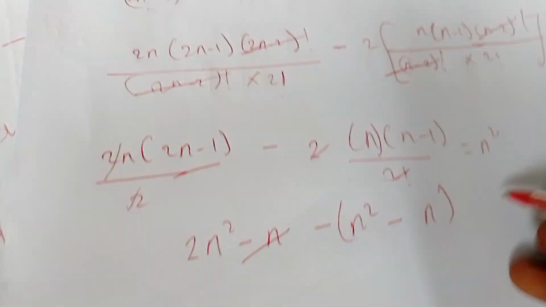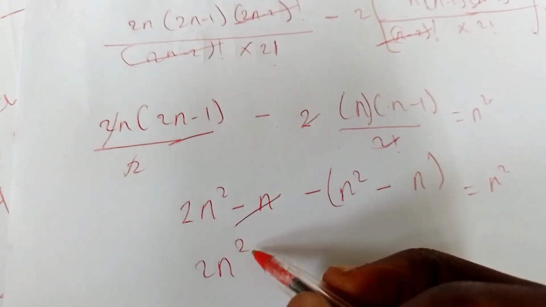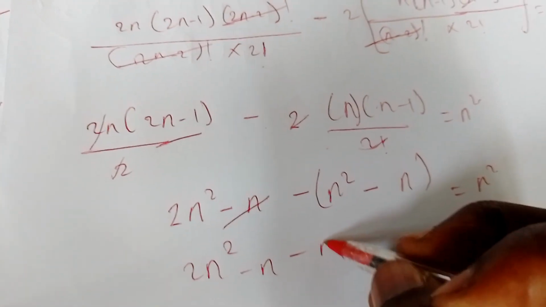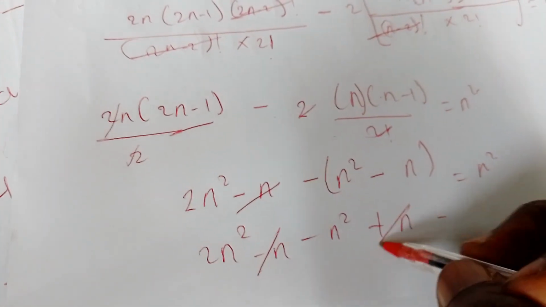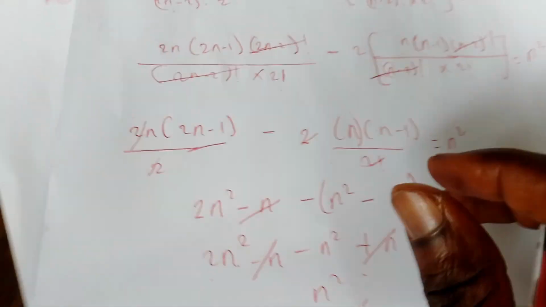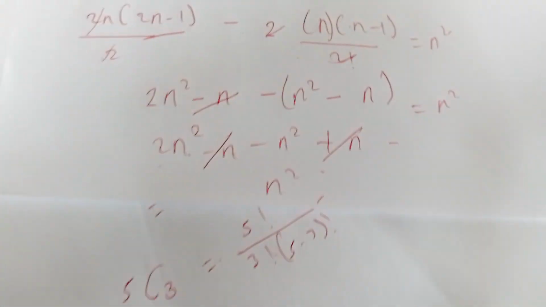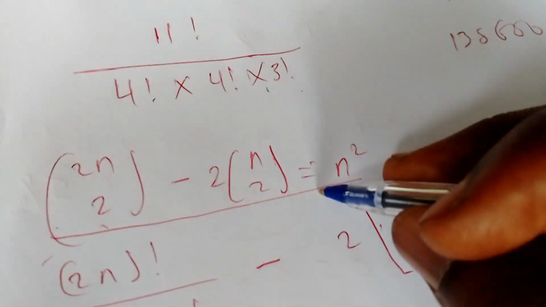So let me just expand it so that it doesn't look like I'm making things up. So you have 2n squared minus n squared plus n. Then this goes off with that, and when you subtract this and that, you just get n squared. So that's it for this formula. So we've proven that this is correct.